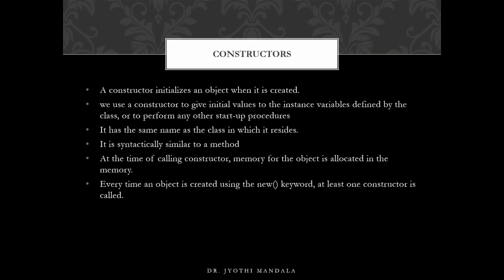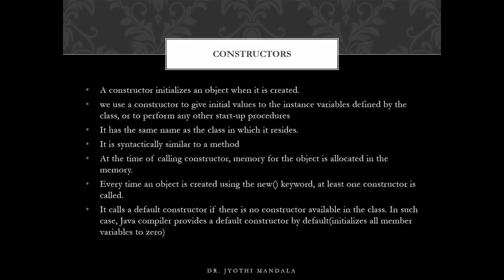Till now we have not written any constructor in our previous examples, right? But even if you have not written any constructor, by default a default constructor will be created by the compiler. The compiler will create its own constructor with the name of your class name, and all the instance variables will be initialized to 0.